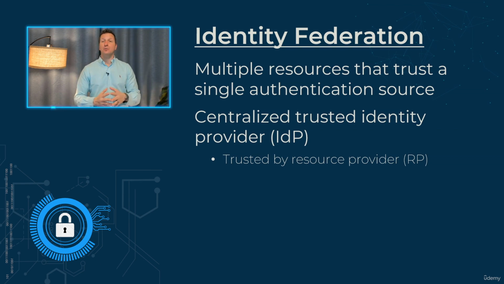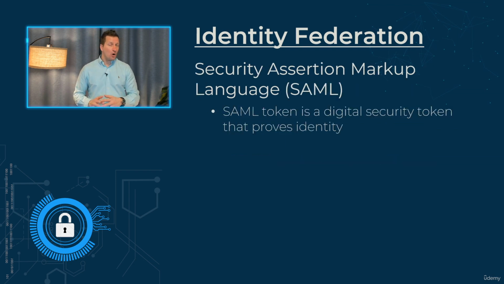So with identity federation, we have a centralized trusted identity provider, an IDP, that multiple resource providers or RPs, like websites, trust. We saw that protocols like OAuth 2 can be used, but there are other protocols that might be at play as well within identity federation, like SAML, S-A-M-L. That stands for Security Assertion Markup Language, in case you care.